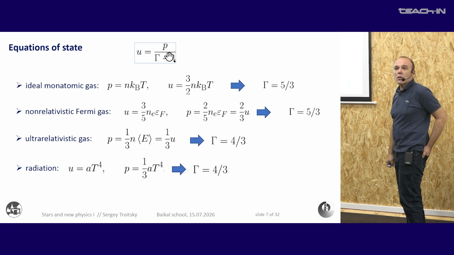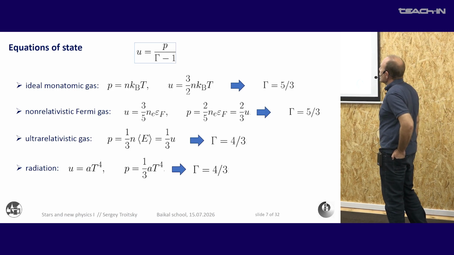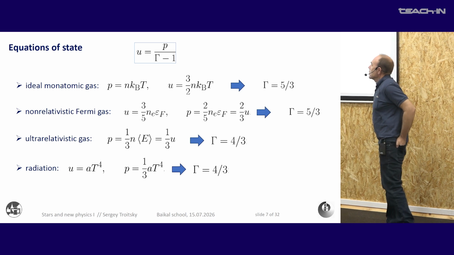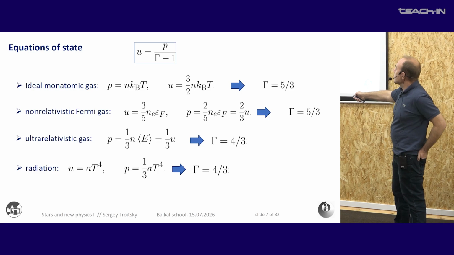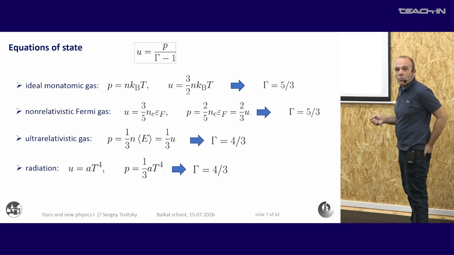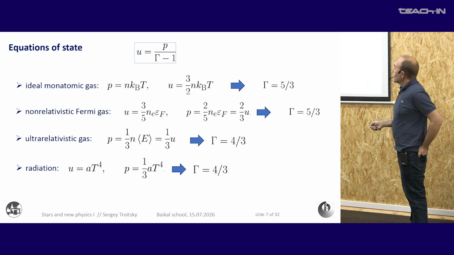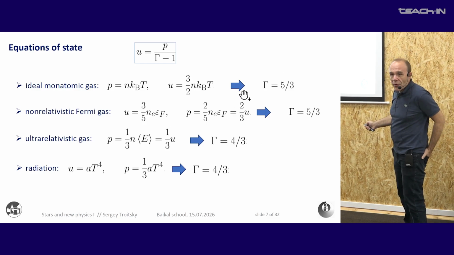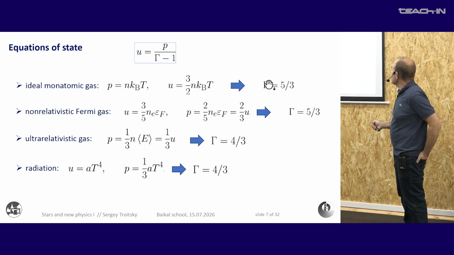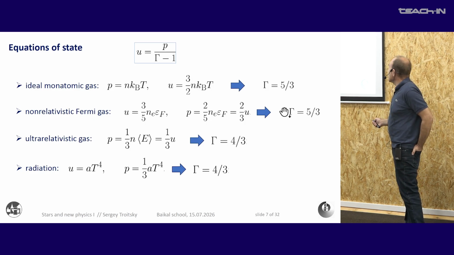The second case, which we will only briefly touch in the second lecture, is that of non-relativistic Fermi gas. The equation of state is very different, but the polytropic index is the same.